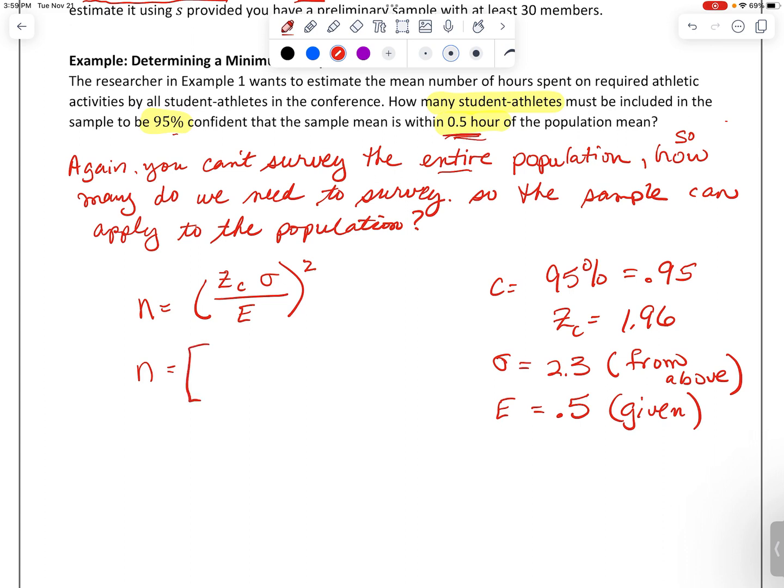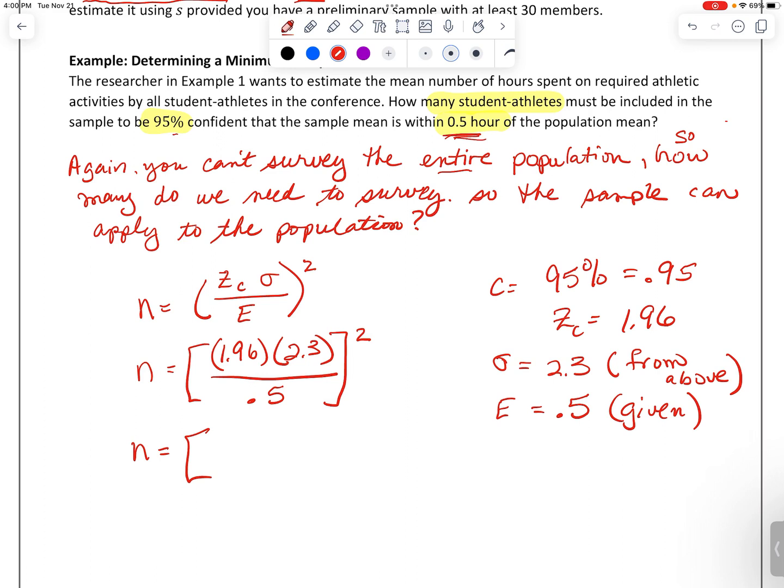So N is equal to 1.96 times 2.3 divided by 0.5 squared. Now notice again, this is a lot of movement to use on your calculator correctly. If you don't know how to correctly input this in your calculator, just be very, very careful. You can also do it in stages. And so remember, order of operations says I'm going to do what's inside the brackets first.